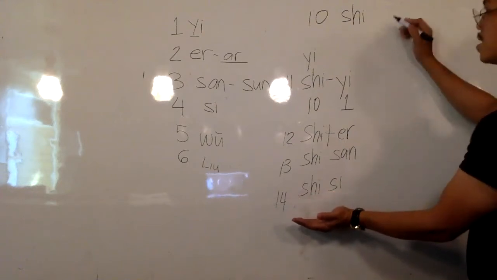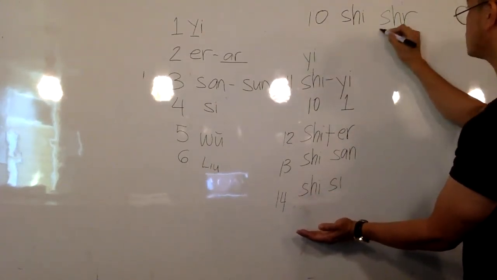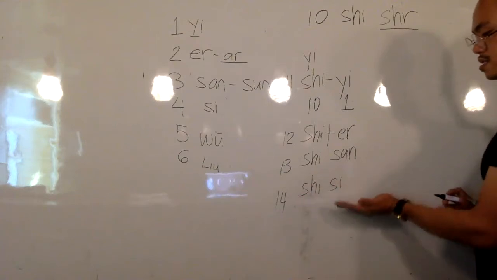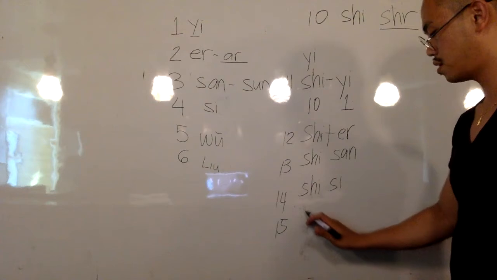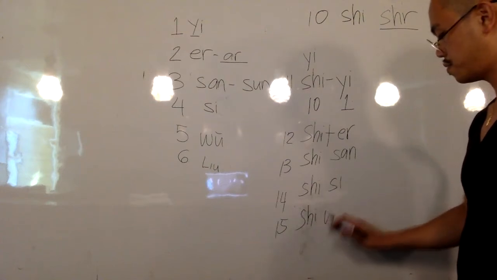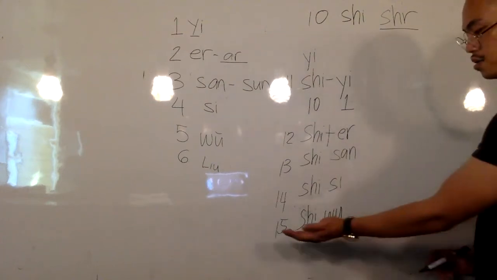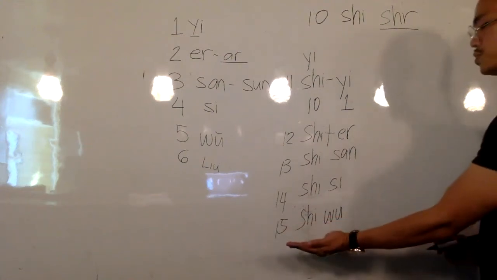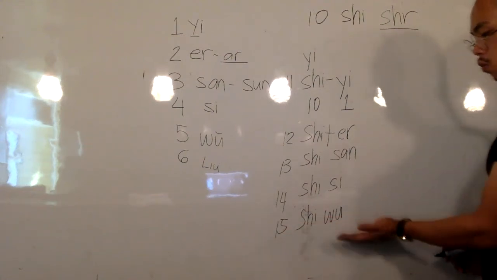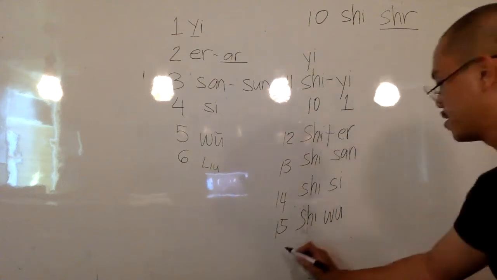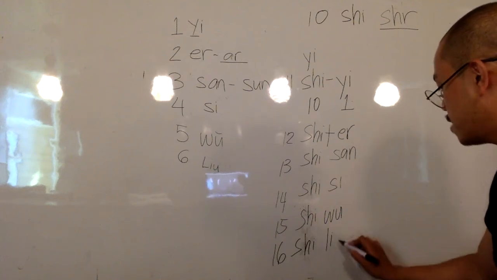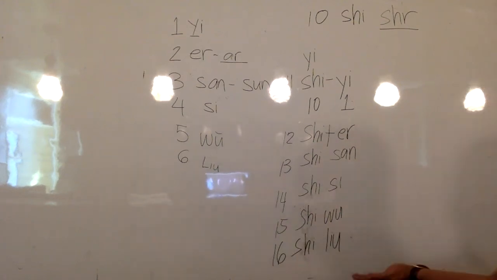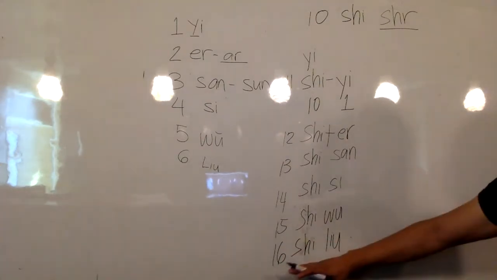We pronounce it with the si sound. Shi si. 15, shi wu. 16, let's guess it together. Shi liu.